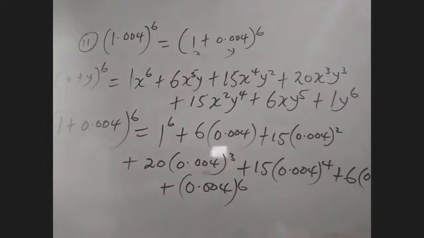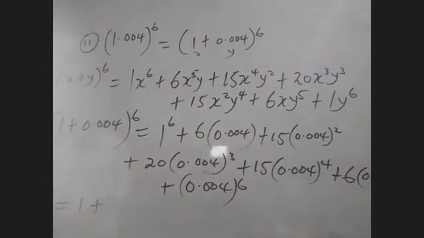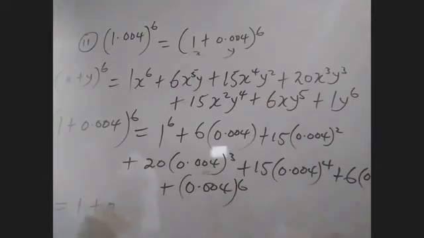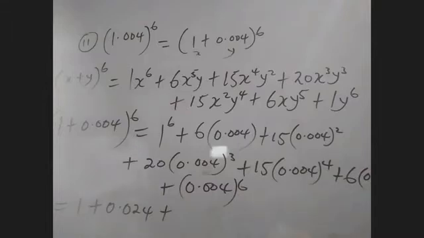And if you simplify that, this will be equal to 1 plus 6 times this, which will give you 0.024, plus 0.004 raised to the power of 2 times 15. That will give us 0.00024.